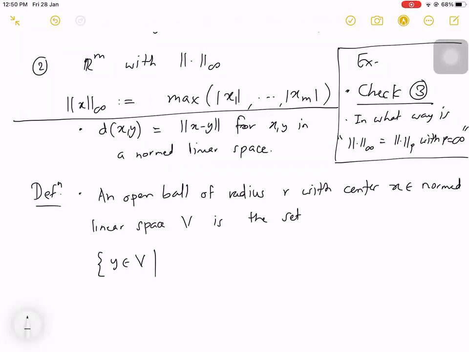And an open ball of radius r with center x is simply the set of y such that the distance, the norm of x minus y, is less than r. So r is some real number here.